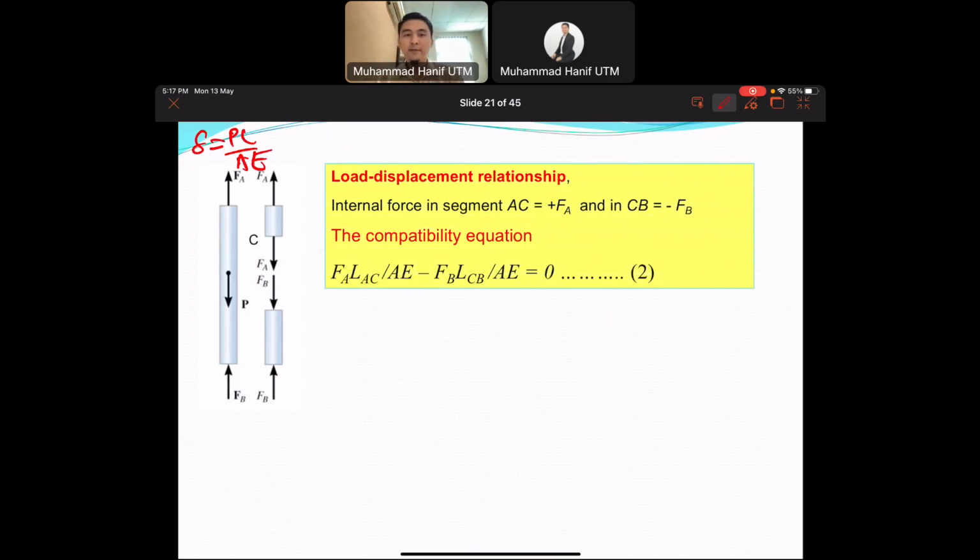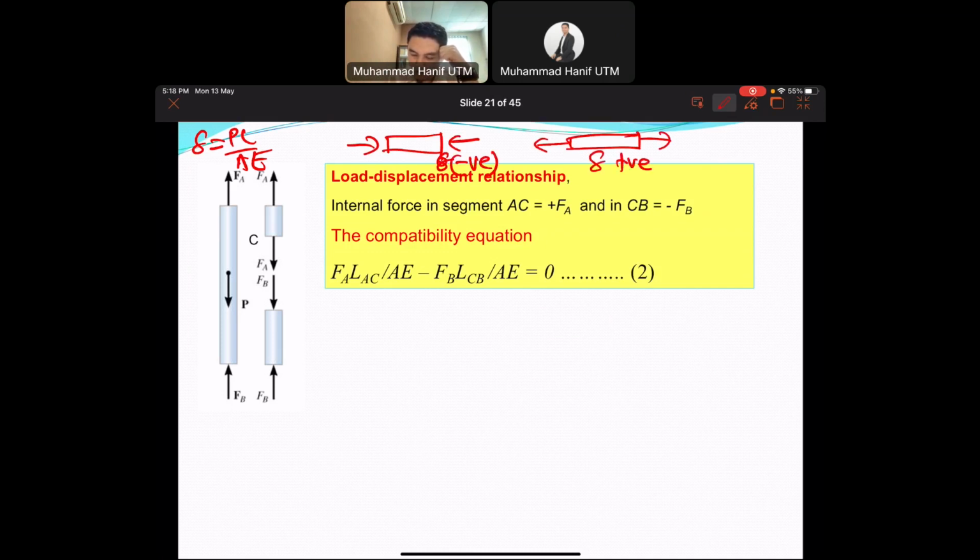When you have compression, the displacement will be negative. Let me draw. When you have tensile, the deformation will be positive.